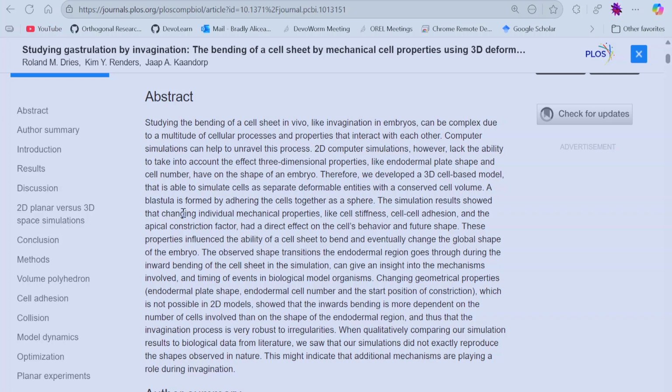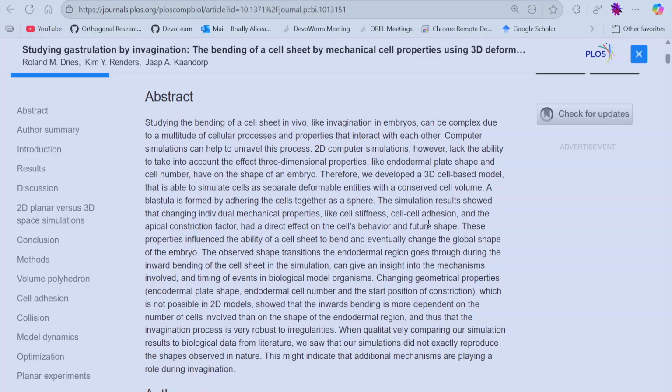And then they're able to form a blastula by adhering cells together into a sphere. The simulation results show that changing individual mechanical properties like cell stiffness, cell adhesion, and the apical constriction factor had a direct effect on the cell's behavior and future shape.